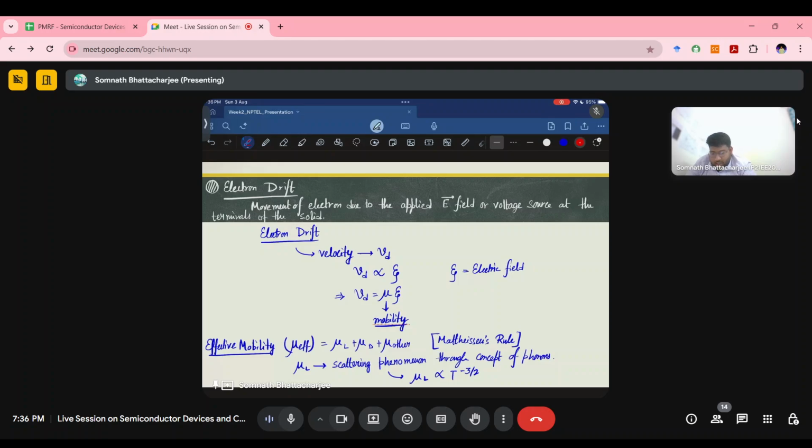So let's talk about phonons. If we imagine, the atoms are connected through springs of this kind.